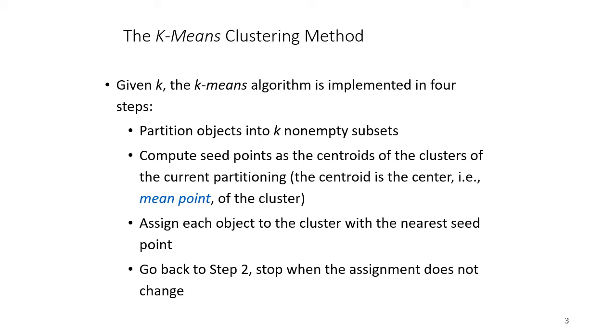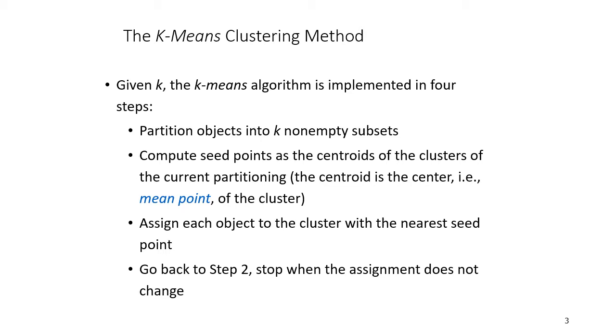After computing the seed values from the partitions, we call it the mean point. Then we assign each object to the cluster with the nearest seed point. That is, we map the objects nearby to that seed point and assign them to the same cluster as the seed point.